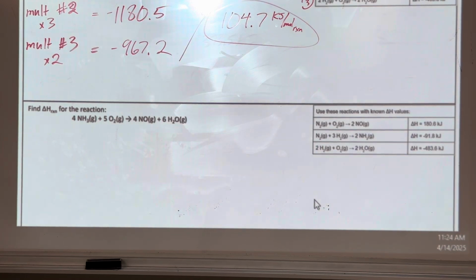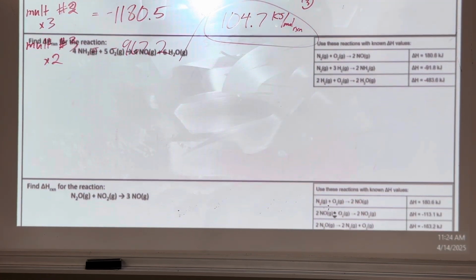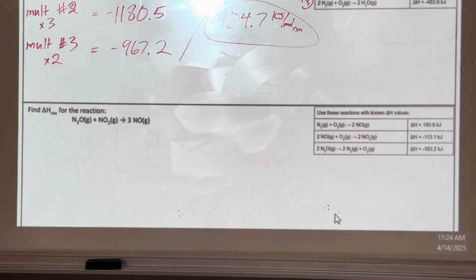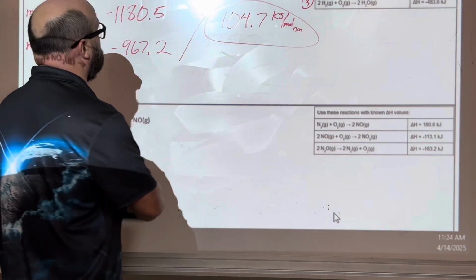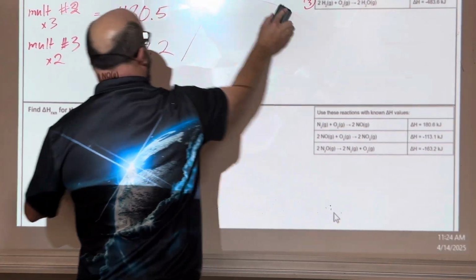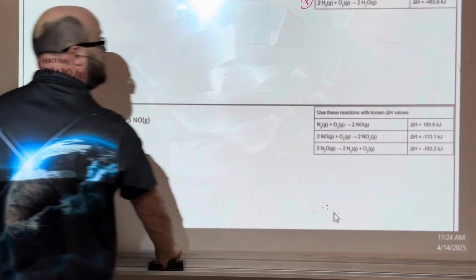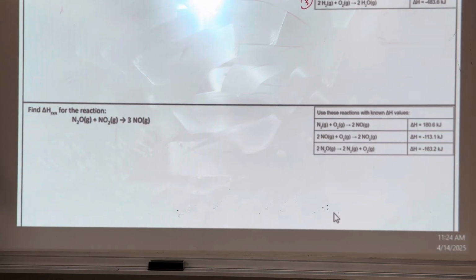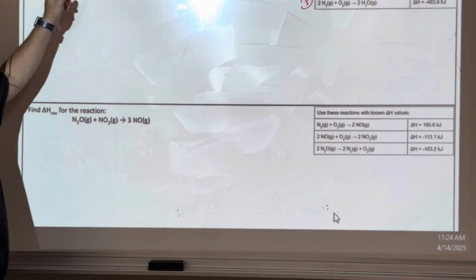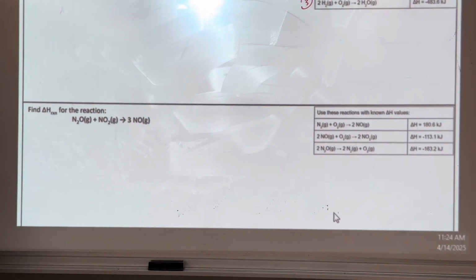One more. Let's look and see which one we want to do, 2 or 3. We'll do number 2. Oh look, my numbers kind of match up. So we'll leave them there. NH3 plus O2 yields NO plus H2O.